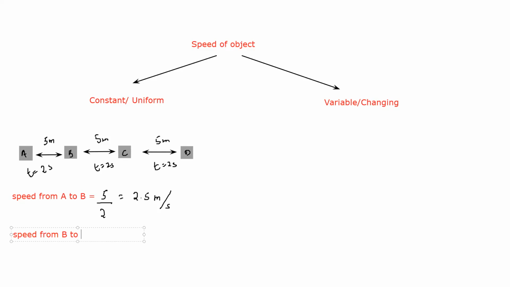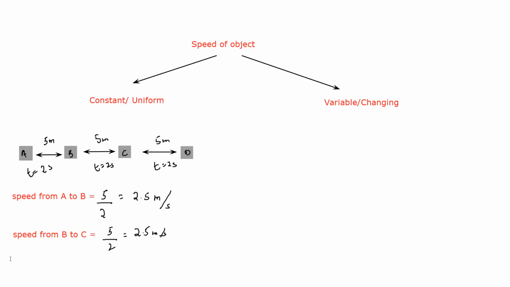B to C? From B to C, it covered again 5 meters, and it took 2 seconds to cover that. So 5 divided by 2 is equal to 2.5 meters per second.